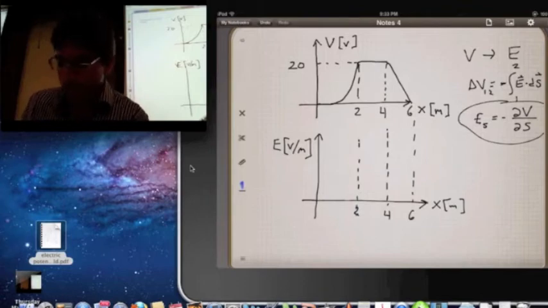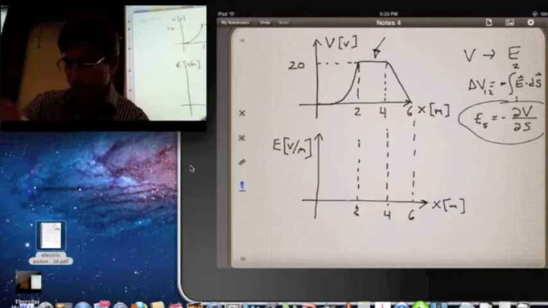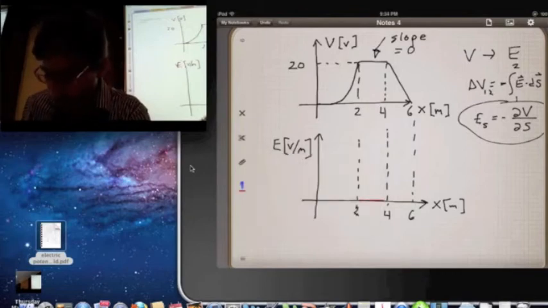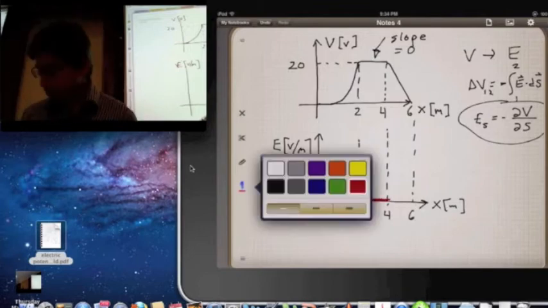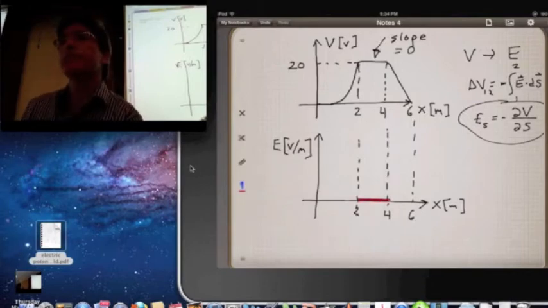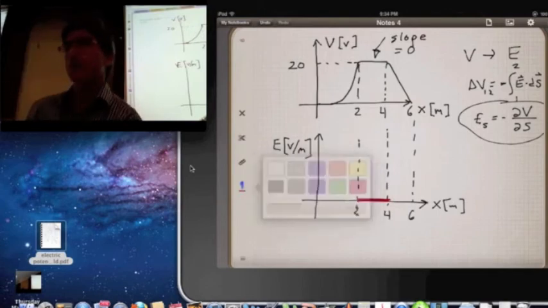Okay? Let's start with the easy case, which is the slope of V versus X between 2 and 4. What's the slope of that? The slope is 0. The derivative of a line with zero slope is, of course, 0. So your electric field between 2 and 4 is going to be like that. What about between 4 and 6? Between 4 and 6, the potential is decreasing linearly, right?